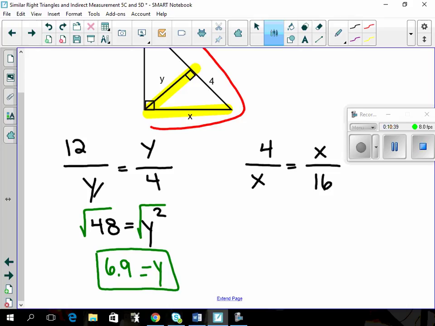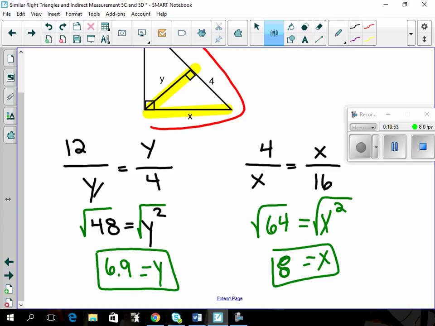Let's do the other side. x times x is 16 times 4, and when we square root these two sides, I get an exact number of 8. Okay? How do we feel?